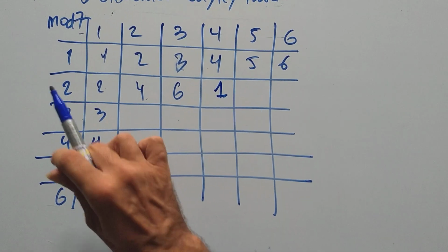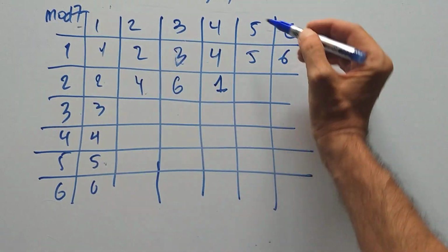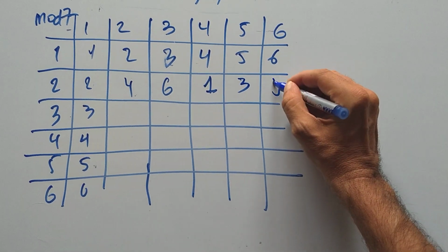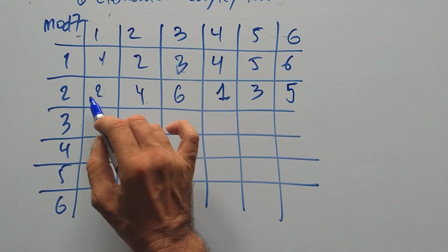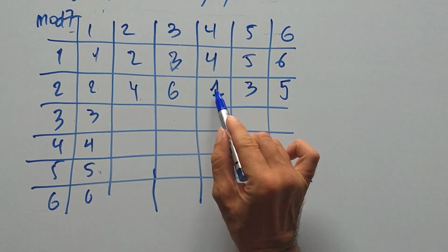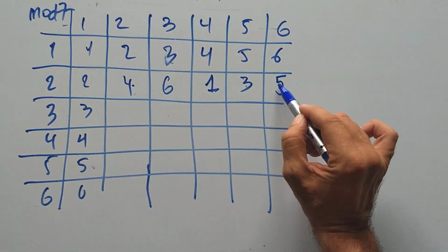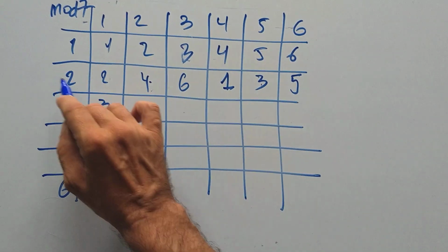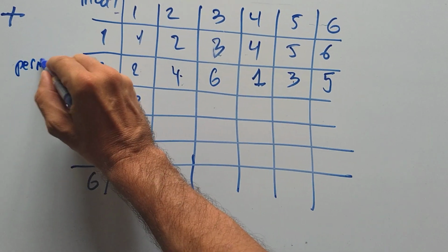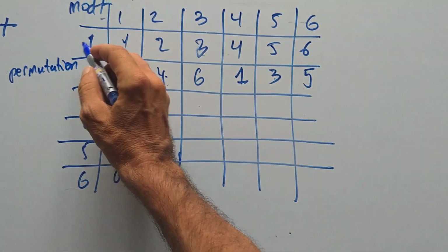Remember, mod 7 is the remainder on division by 7. 2 times 5 is 10, that's 3. 2 times 6 is 12, that's 5 mod 7. Look carefully. This row is a permutation of the first row, a rearrangement of it.